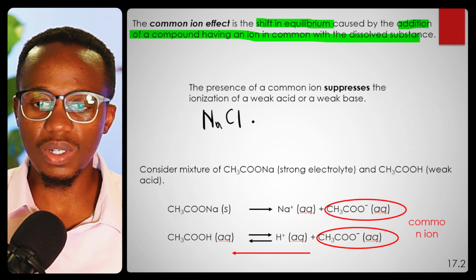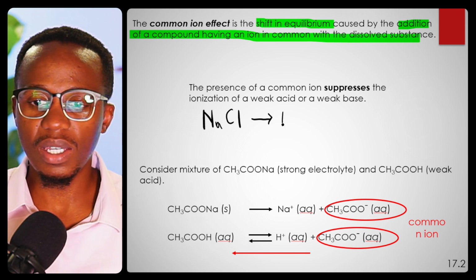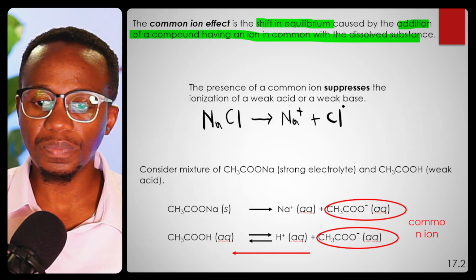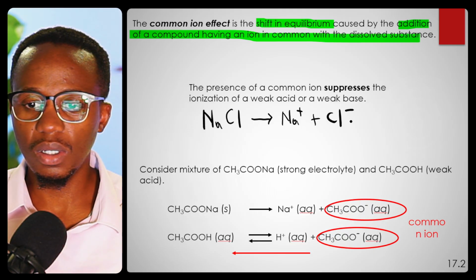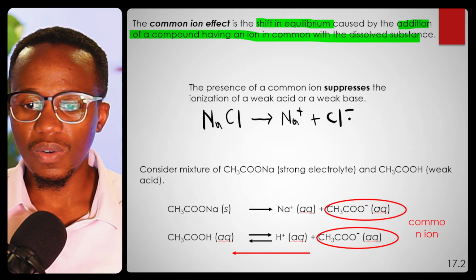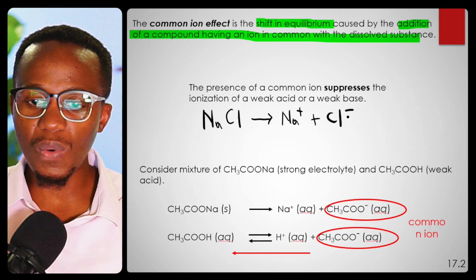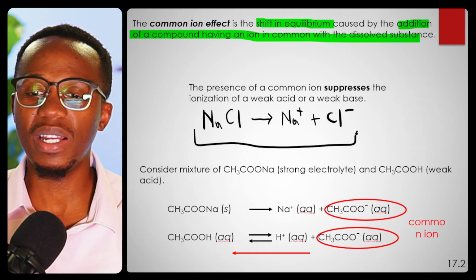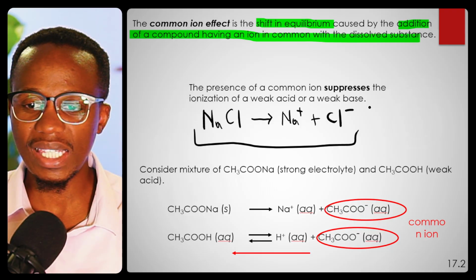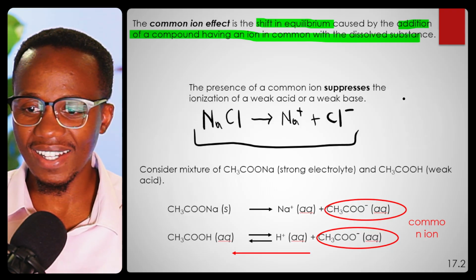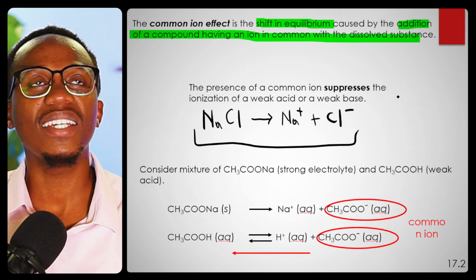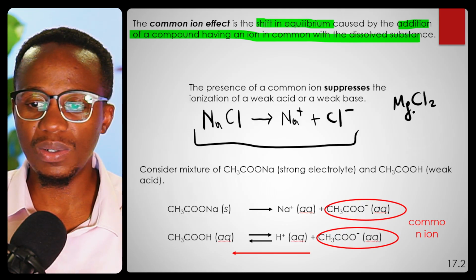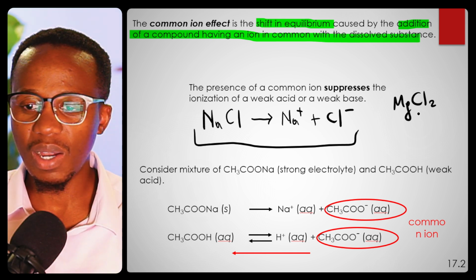A solution of NaCl will be Na+ and Cl-. So if in this solution of NaCl you add something like magnesium chloride, MgCl2, look at what happens.